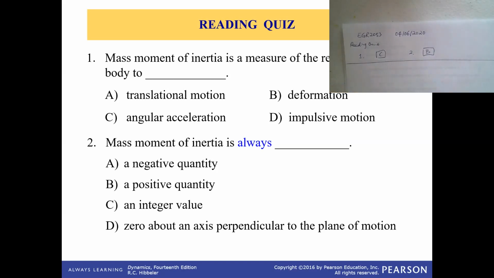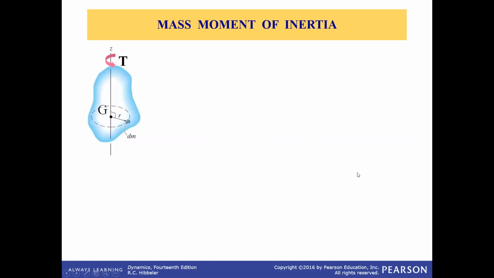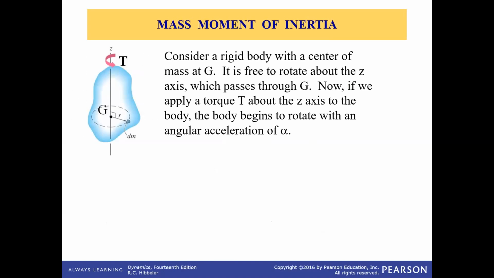All right, so we'll take a look at the lecture of the day. Mass moment of inertia: if you have a rigid body that is rotating about an axis going through its body, or many times it could be outside of the body, so it's with respect to a certain axis.